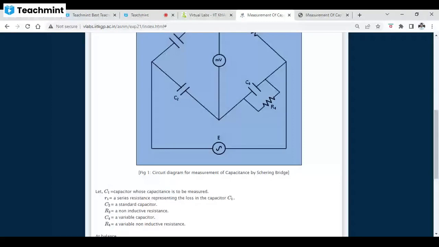R3 is the non-inductive resistance, and R4 is the variable resistance.